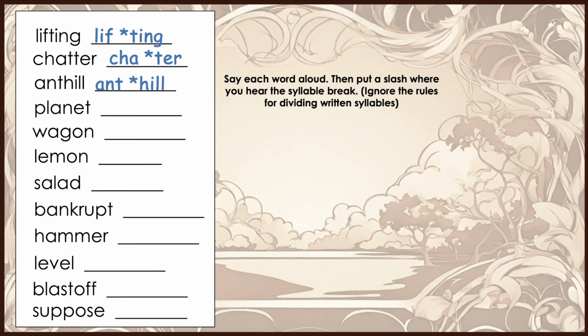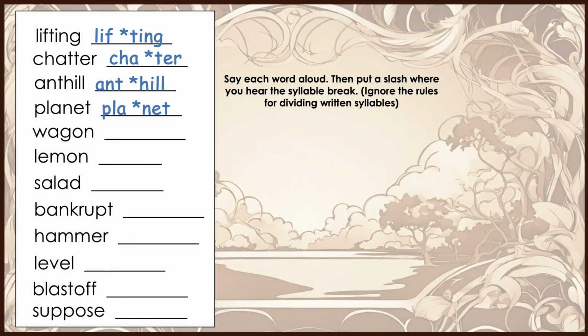Ant hill, of course, works because that one is a compound word. Say planet, we say planet. So you can see where this would cause a lot of confusion if we were working with students about where to find the syllable, and it's not correct with our syllabication rules, and it's not correct with our pronunciation rules. It's just a weird thing that our mouth does for ease of speaking.